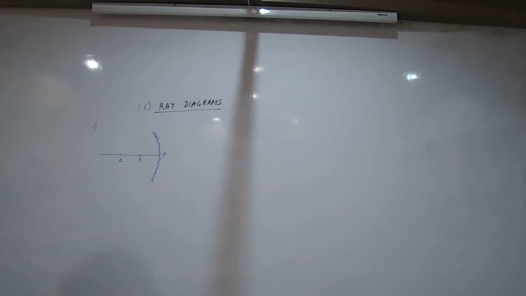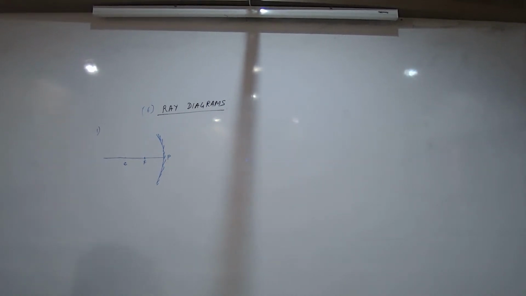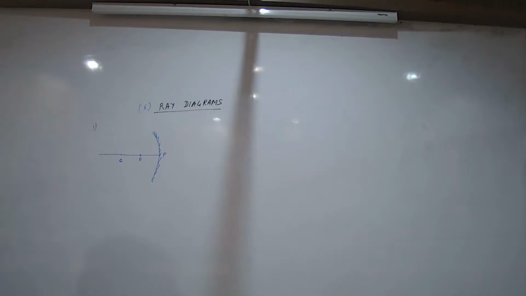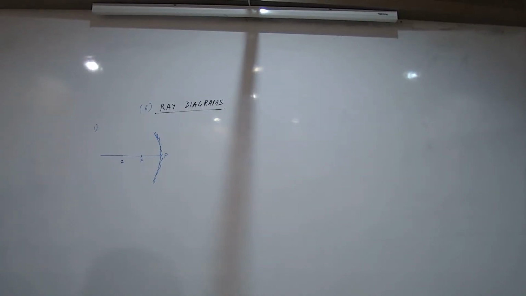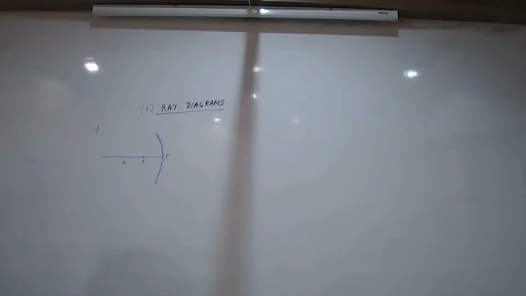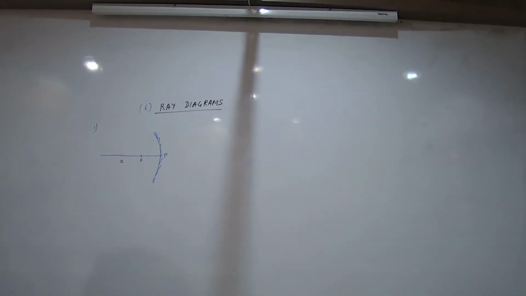This one. Where is the object? You have seen that it is at infinity. Incident ray, where have they drawn? Parallel to the principal axis. Above the principal axis, and it is parallel to it. What is happening to that ray after reflection?